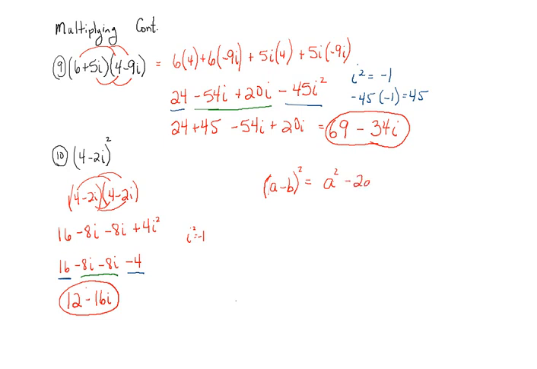So we get a minus 16i plus 4i squared. So we know that's going to be a minus 4 because i squared is negative 1. So we have 12 minus 16i. Either way works, whatever you are more comfortable with.